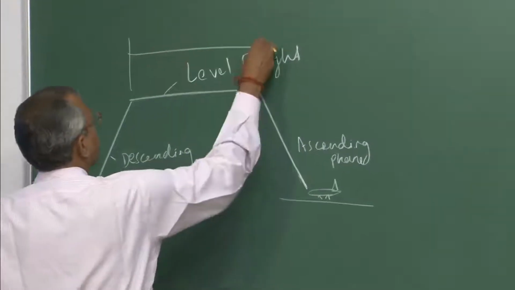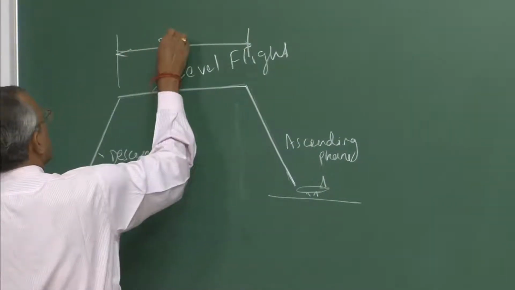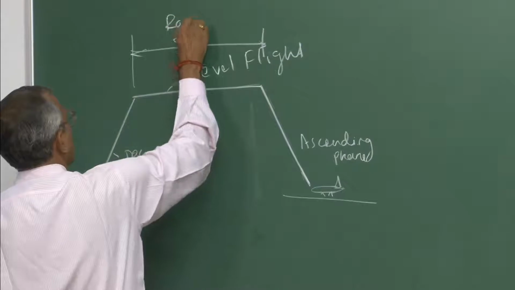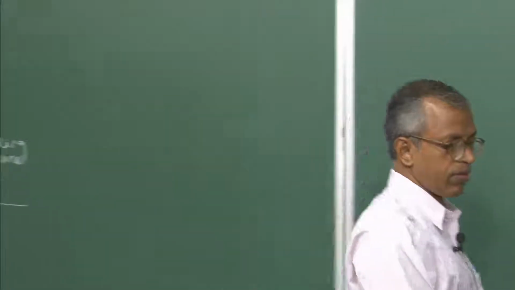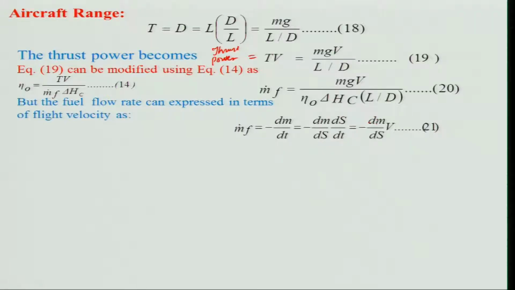Therefore, I can write minus dm by ds times ds by dt, and ds by dt is nothing but the flight velocity. Keep in mind that there is no acceleration, so the flight velocity remains the same.